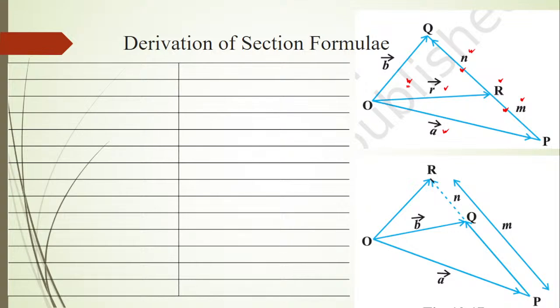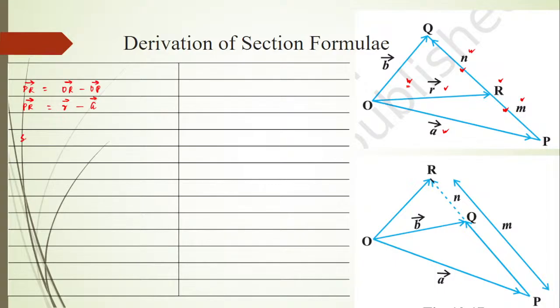Vector PR equals OR minus OP. From the figure it is clear that the value of OR is vector r and the value of OP is vector a, and the value of PR we write down here as vector PR.